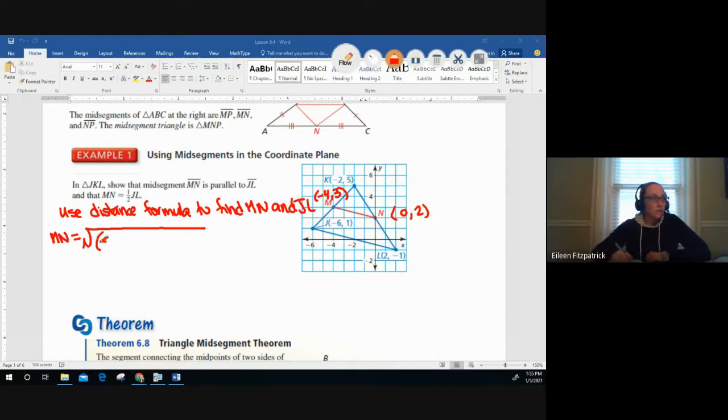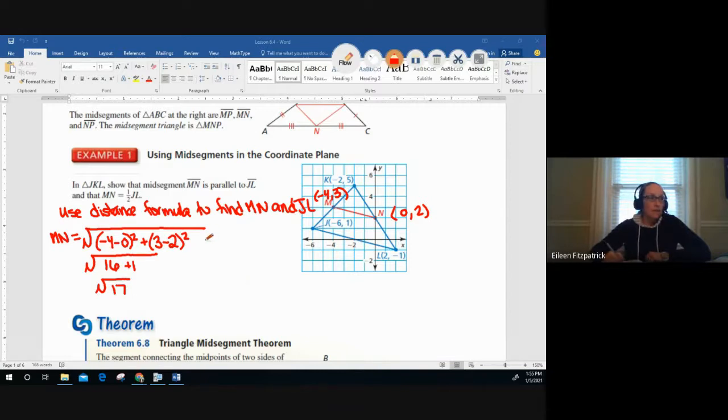So it's -4 minus 0 squared plus 3 minus 2 squared. -4 minus 0 is -4, -4 squared is 16. 3 minus 2 is 1, 1 squared is 1. So I have the square root of 17.